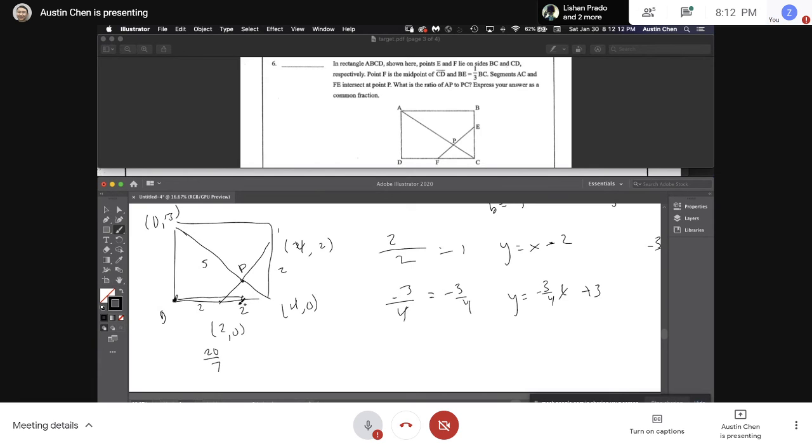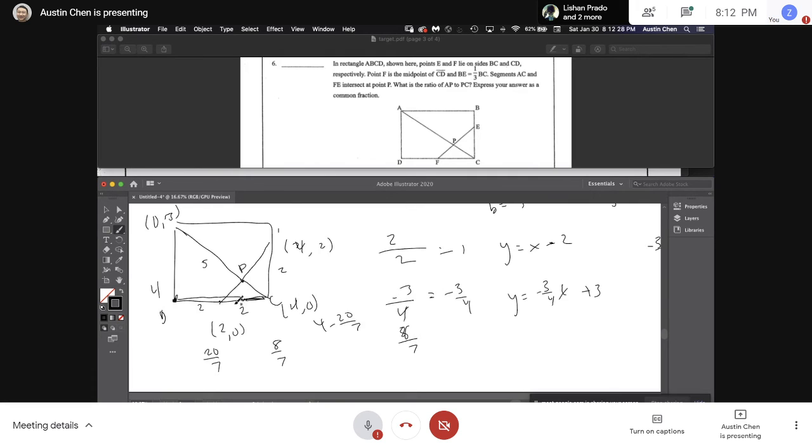And we know that the full length of DC is 4. So then the x length of P to C is going to be 4 minus 20/7, which is 8/7.